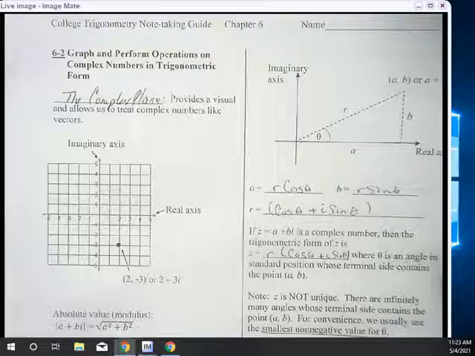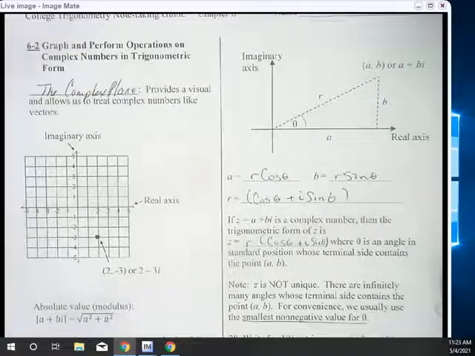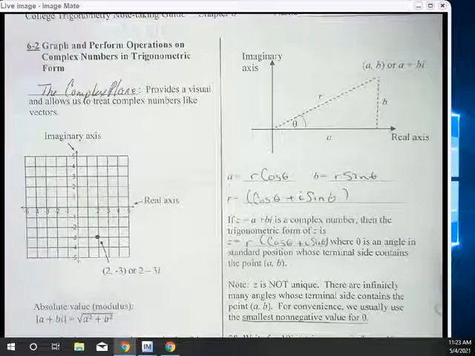On Chapter 6, Section 2, Graphing and Performing Operations with Complex Numbers. The complex plane provides a visual that allows us to treat complex numbers like vectors. Remember your Cartesian coordinate plane, rectangular coordinate system.